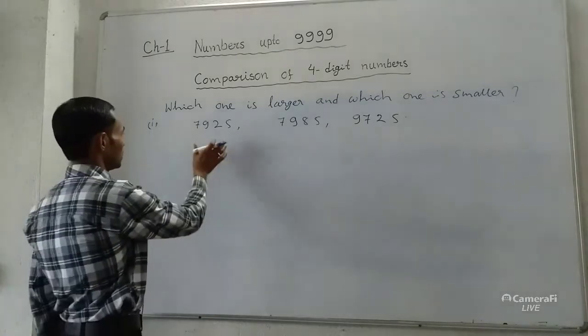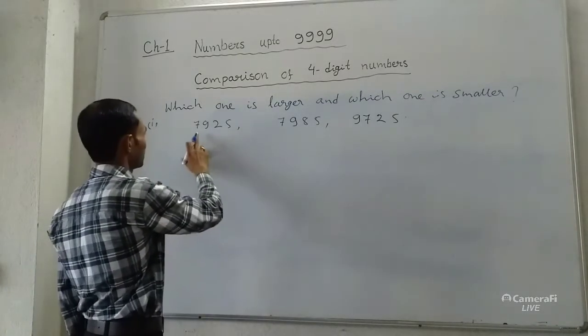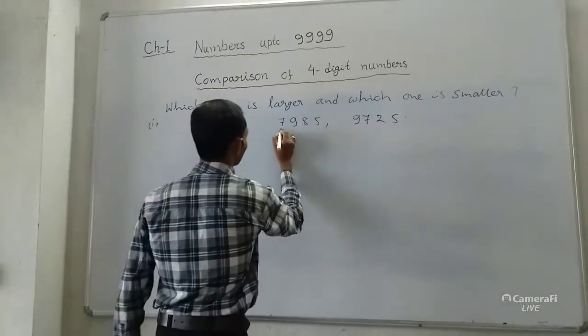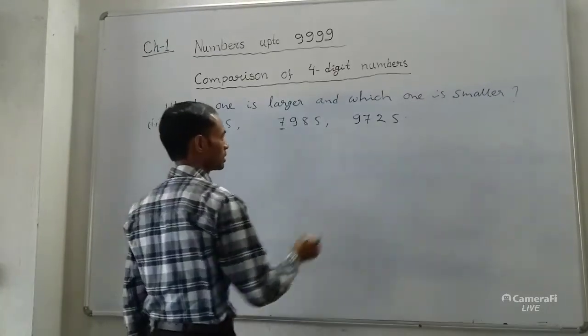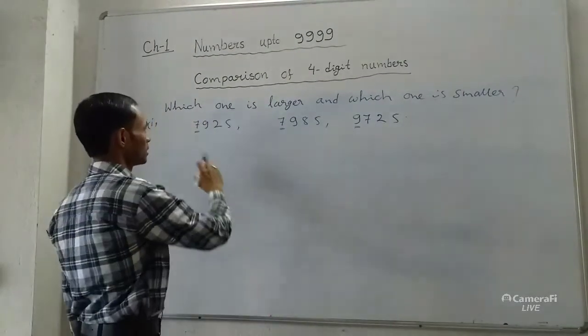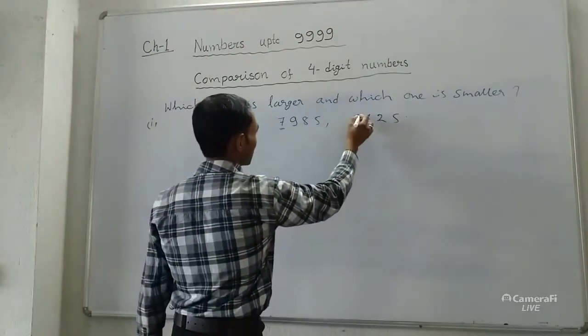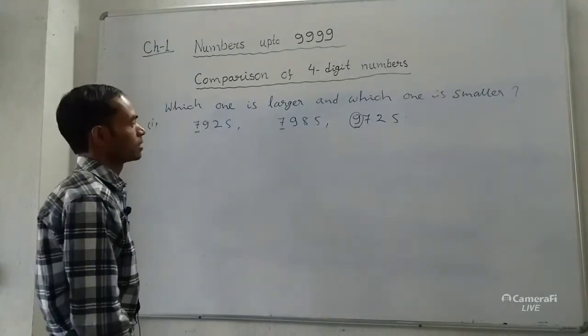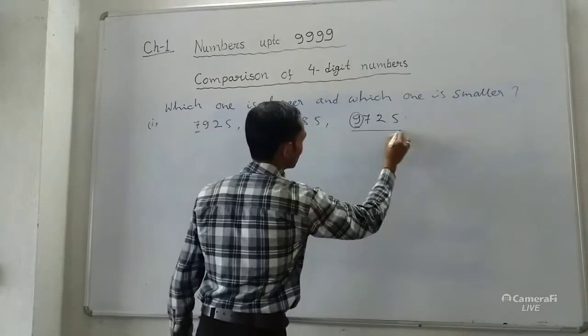So in each of the numbers check the first digit. Here is 7, here also 7, like the leftmost digit, here is 9. So we get that among these three numbers this digit is greater from the left side. So this number becomes the larger one.